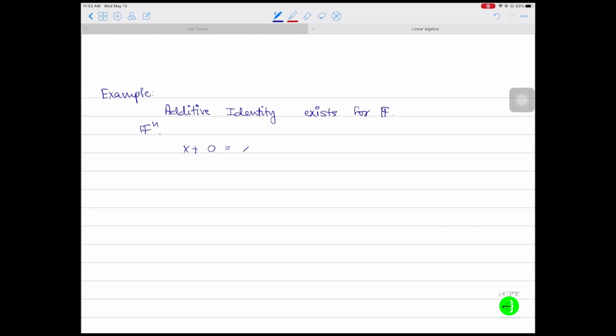So we would know that x plus 0 will be x for all x in Fn. Now here, what does this 0 represent? It represents a vector 0, because this x is a list of length n, you cannot just add a number to a list. A list can only be added with a list of equal length. So 0 is a list consisting of all the number zeros of equal length as x.